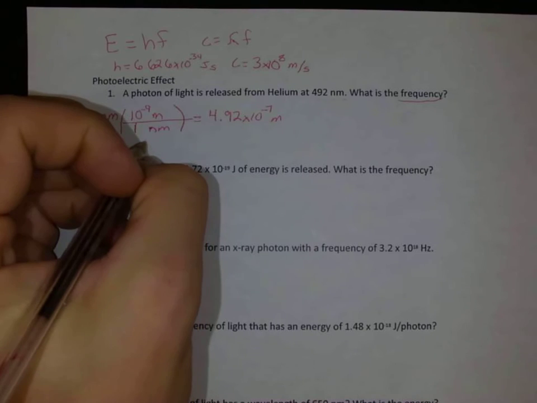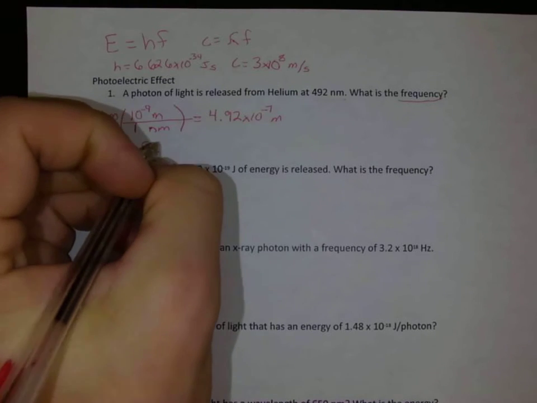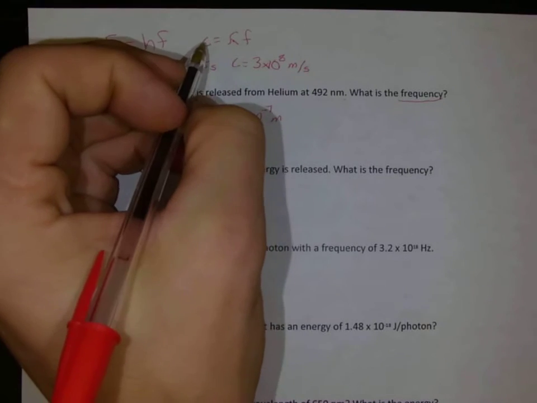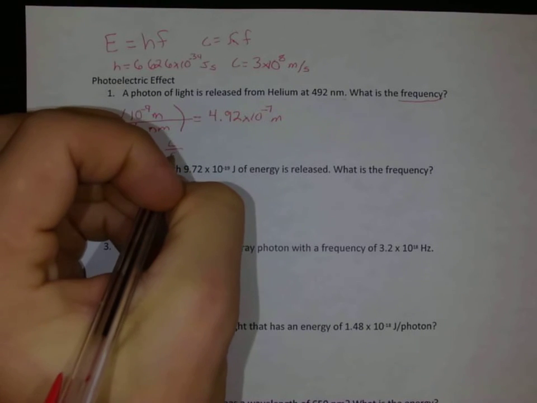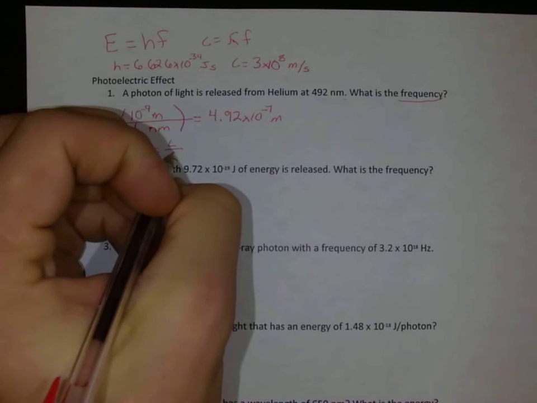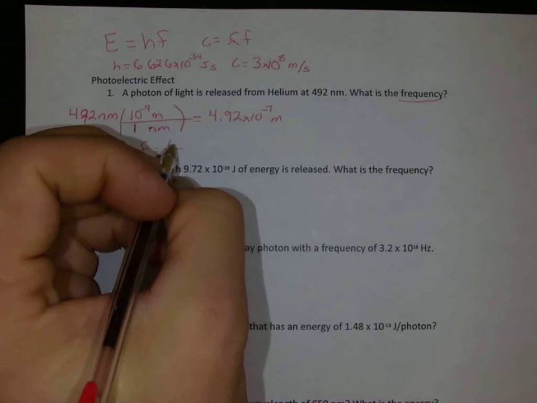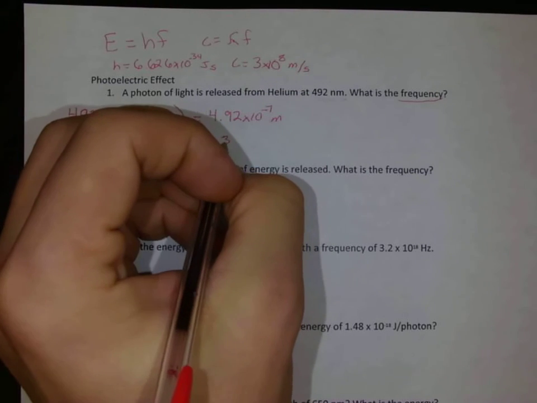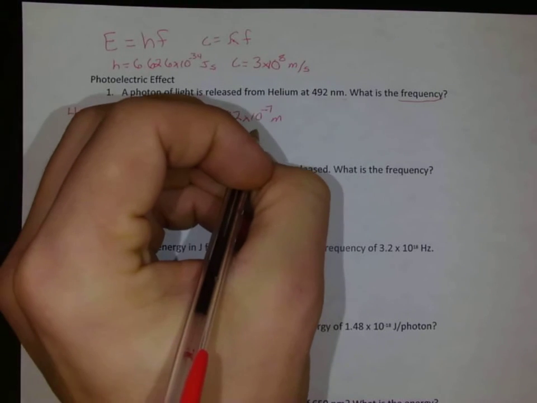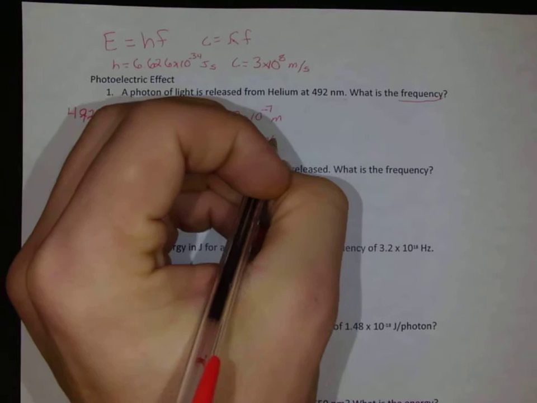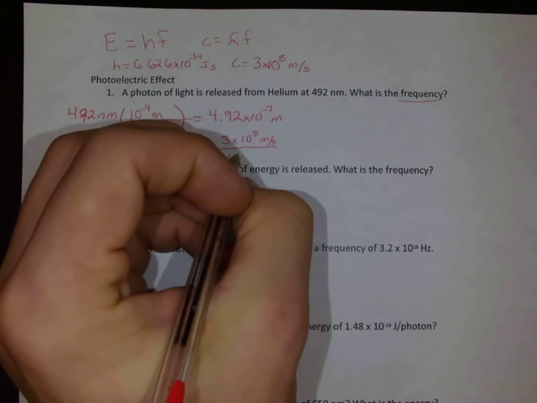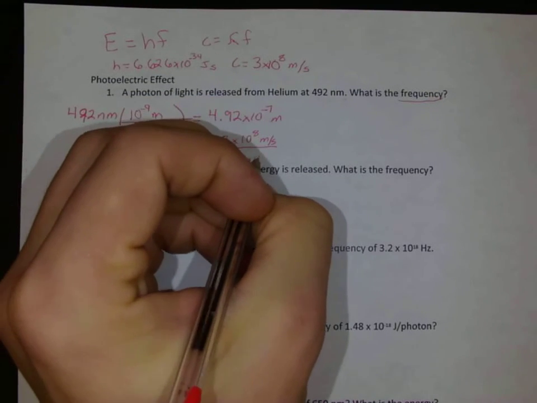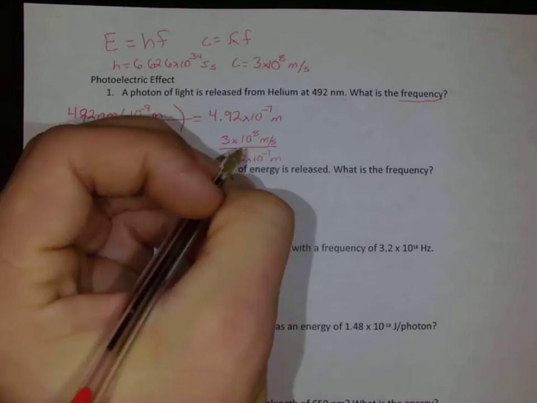So my frequency, if I rearrange this, is going to be c divided by lambda. So I put that in there. c is 3 times 10 to the 8th meters per second, and I can divide it by 4.92 times 10 to the minus 7th meters.